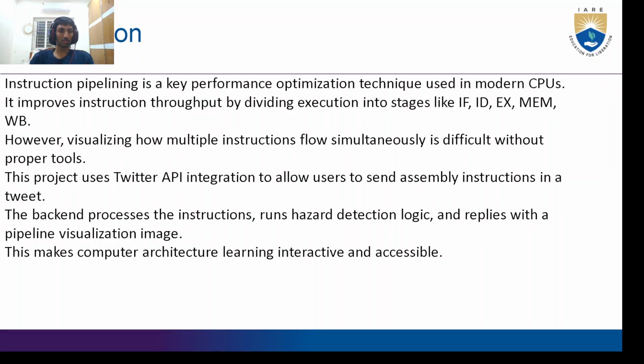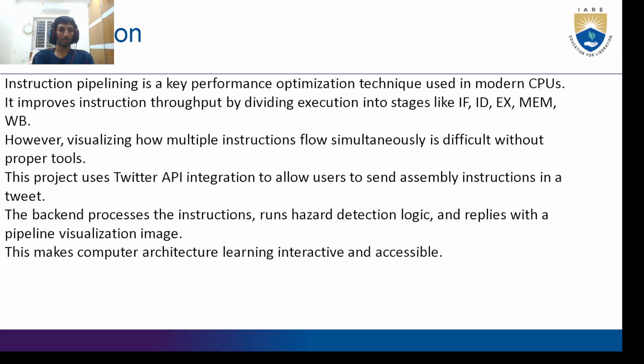So the instruction pipeline is a key performance optimization technique which is used in modern CPUs. Instruction pipelining is a technique where multiple instructions are overlapped in execution to increase performance. The pipeline has stages such as IF, ID, EX, MEM, and WB.